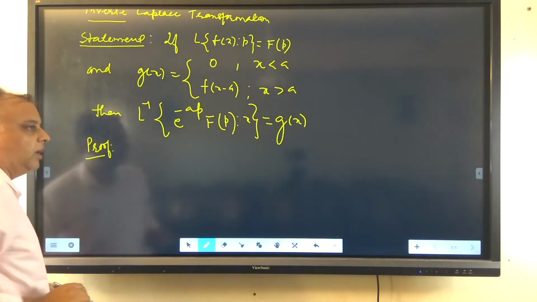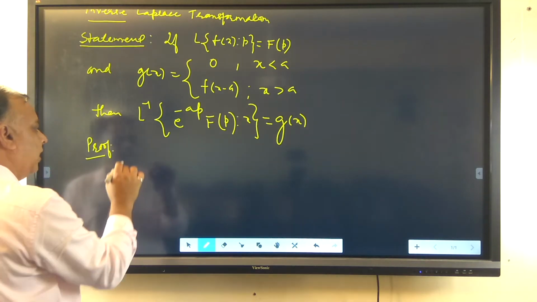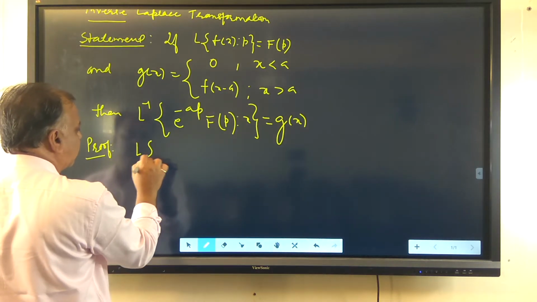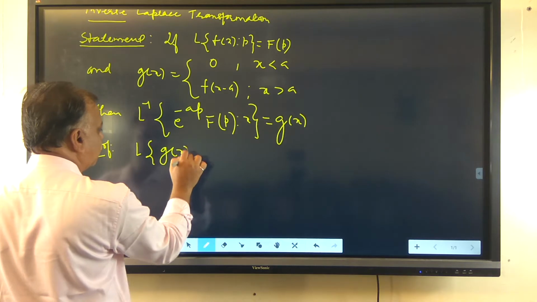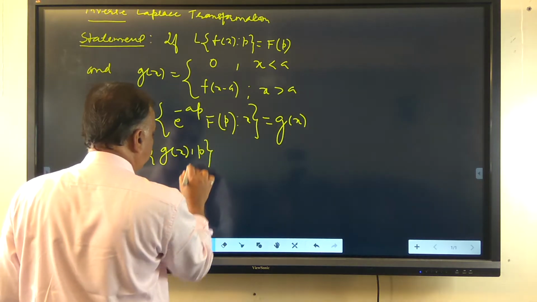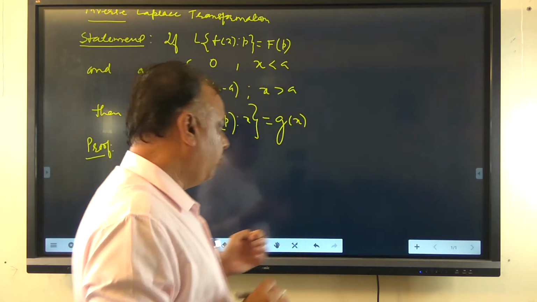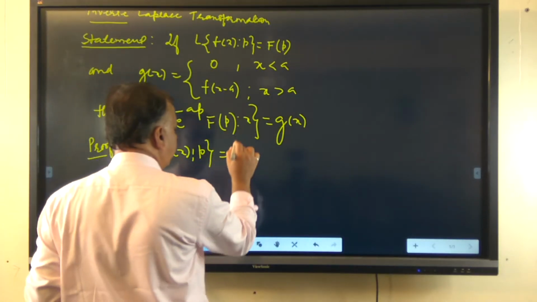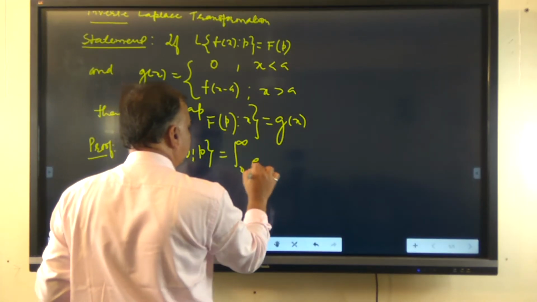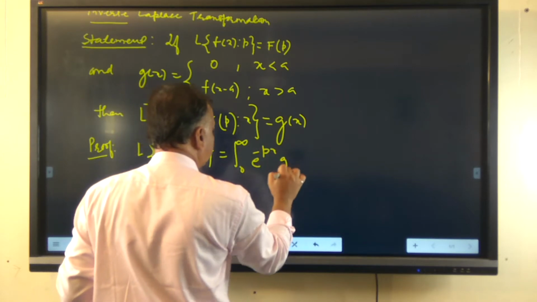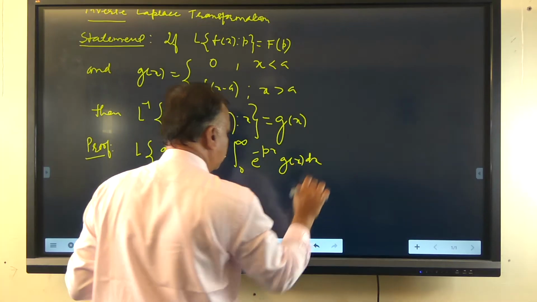by the definition of the Laplace transformation. As we know, the Laplace transformation of g(x) with respect to p is equal to the integral from 0 to infinity of e raised to minus px g(x) dx.